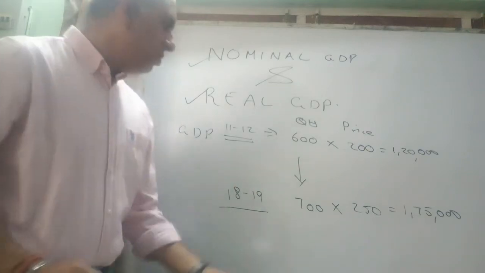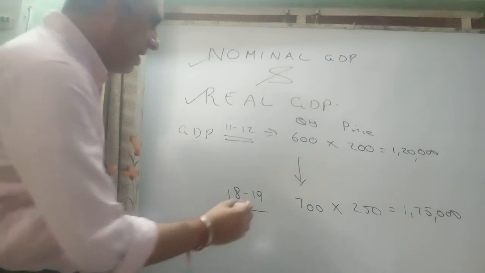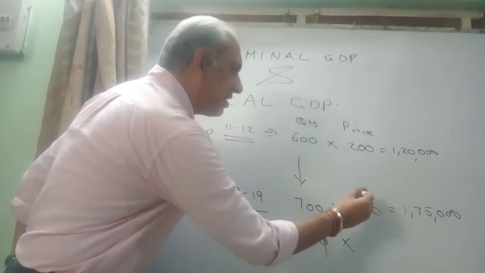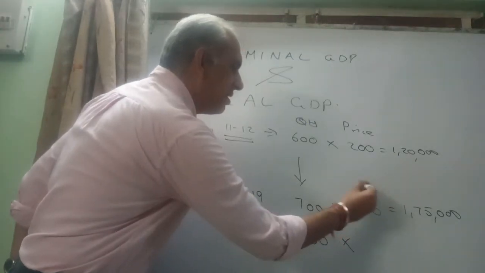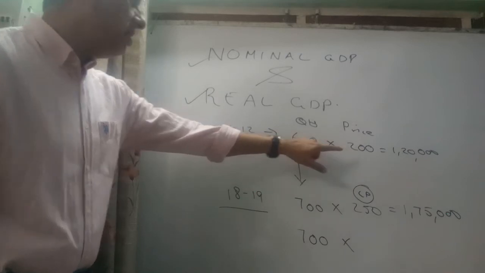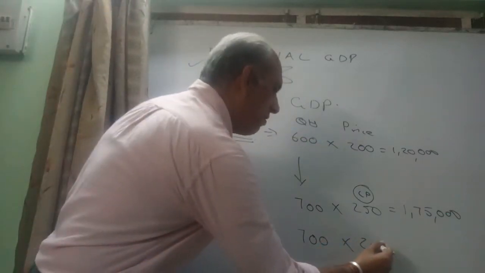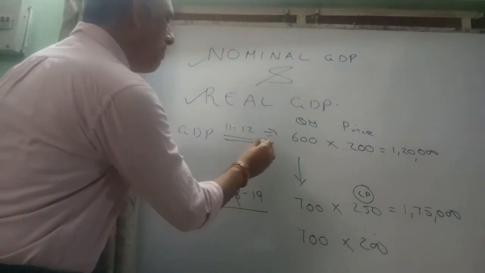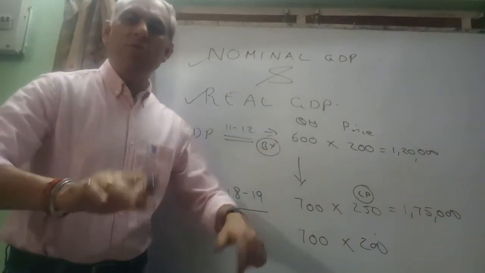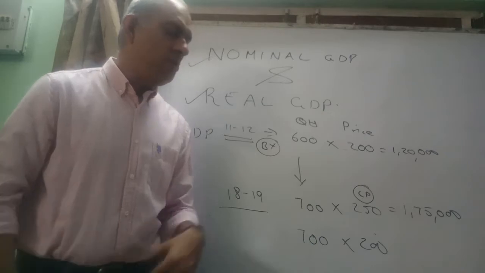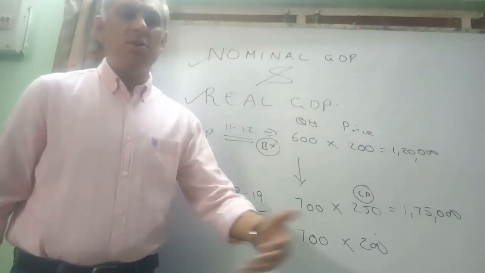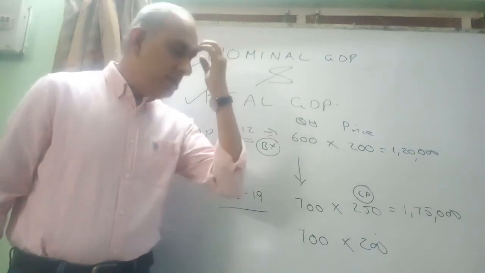Am I clear? So what I'll do is, instead of taking 700 with the current price, I will take the same price which was quoted in the year 11-12, which for simplicity I'll call the base year. A base year generally is a year wherein there are no fluctuations, no unwarranted events like in the current year 2020 or 2021, which we are finding out right now.